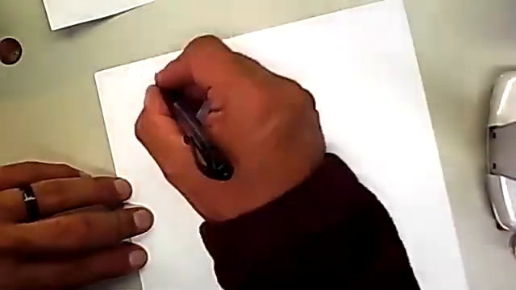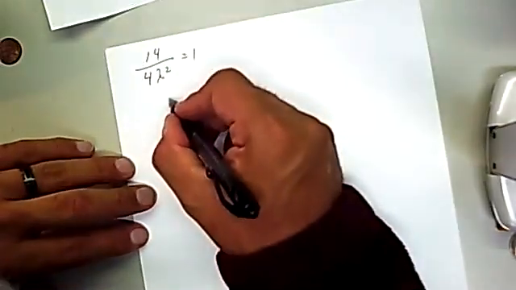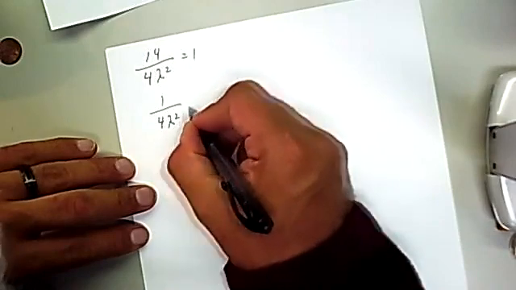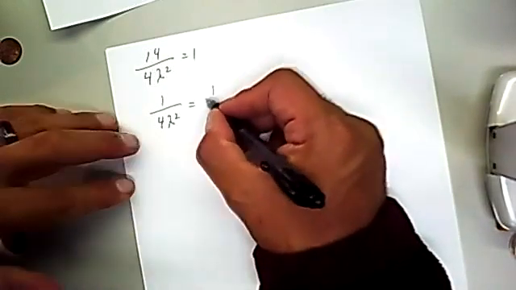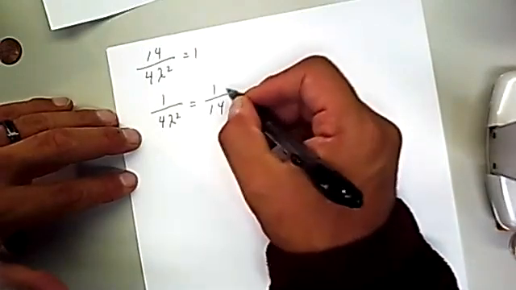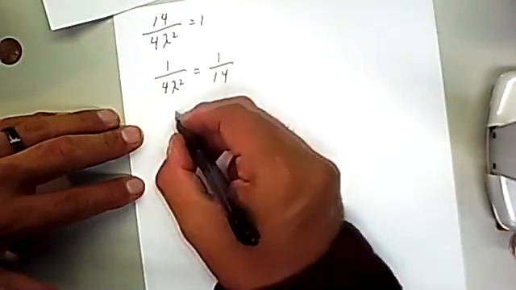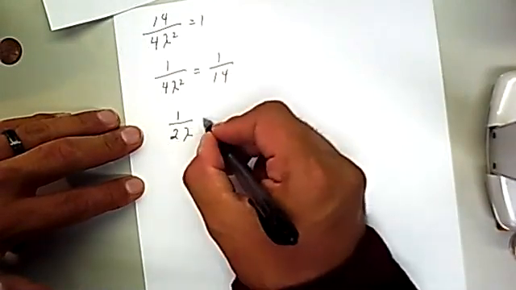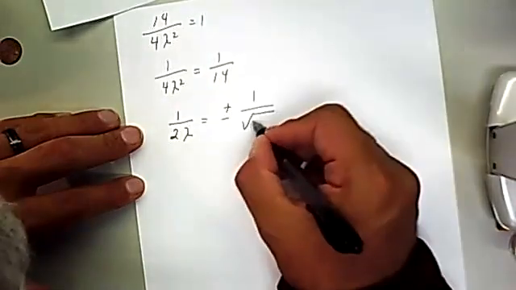So 14 over 4 lambda squared equals 1, which means 1 over 4 lambda squared equals 1 over 14, which means that if we take the square root on both sides of the equation, 1 over 2 lambda is equal to plus or minus 1 over the square root of 14.